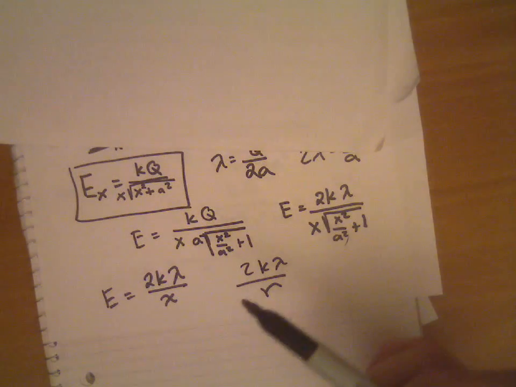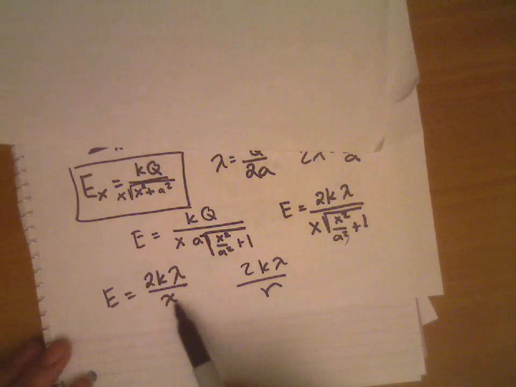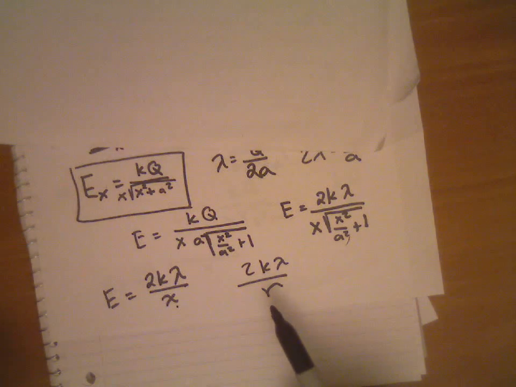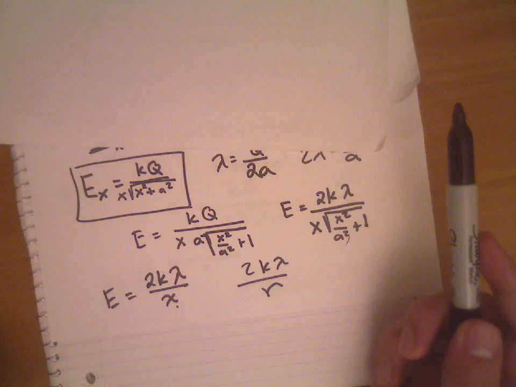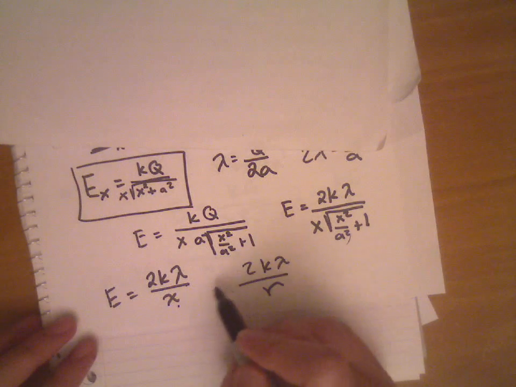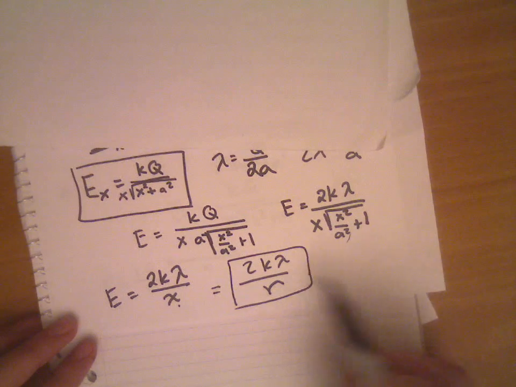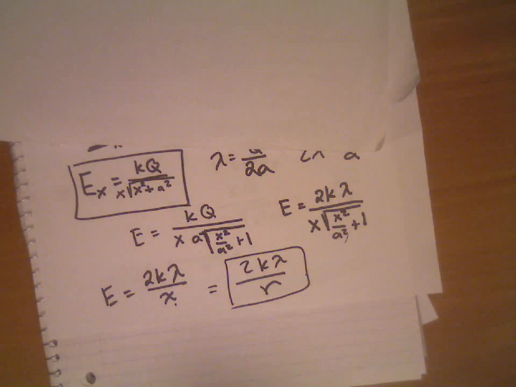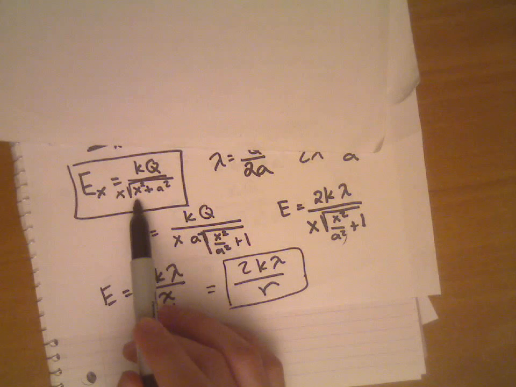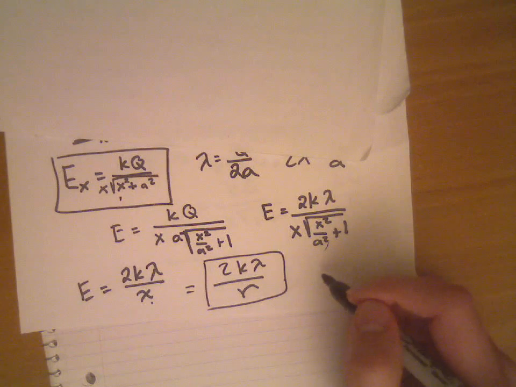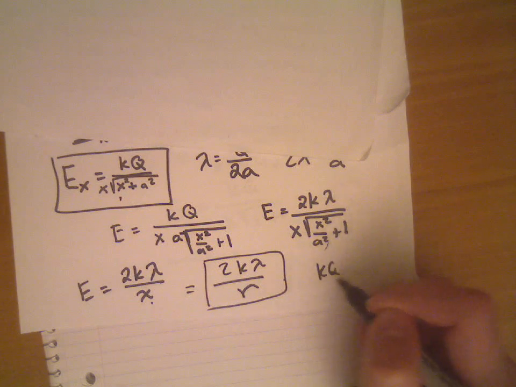And although it doesn't seem like much of a difference, the x here represents the x direction, whereas r represents the distance from the rod to our point P. So here is the electric field due to an infinitely large rod. Here's the electric field due to a finite rod, and then the electric field due to an infinitely small rod is, of course, kq over r squared.